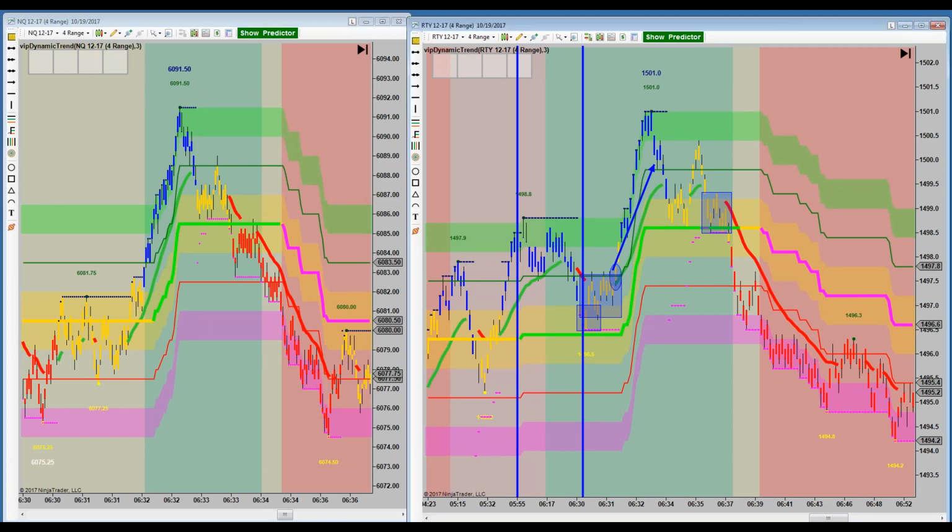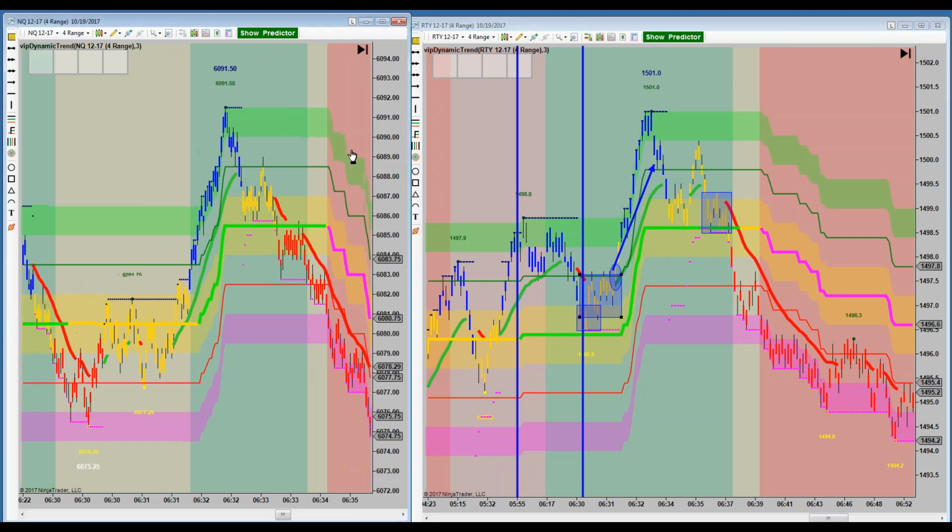This box on the Russell, right around the open, roughly equates to these bars on NASDAQ. So take a look at this box right here. This was our long box, a minute or two into the open.